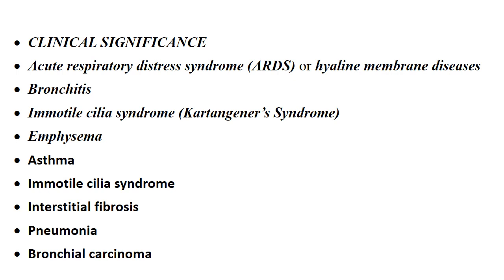Though we have permanent dilatation of the airway, the surface area for gaseous exchange is minimal. Then the next condition is asthma. In asthma, there is spasmodic narrowing of the airway, and it is a severe form, and if not treated, it may even prove fatal.